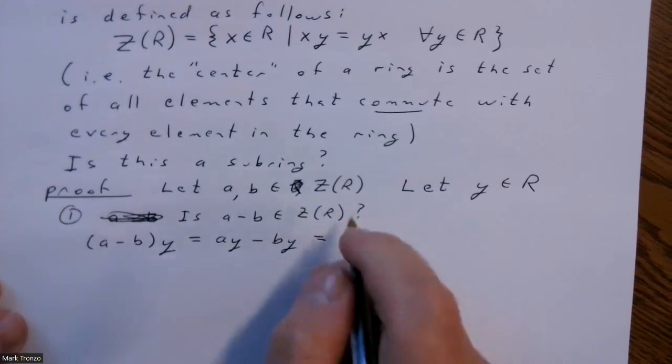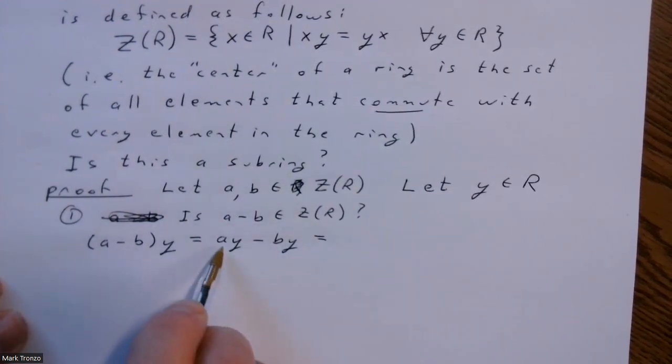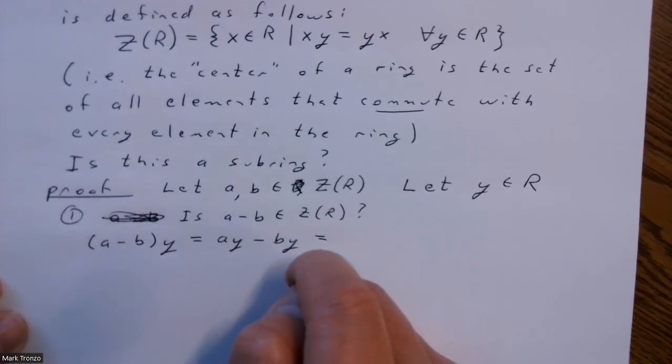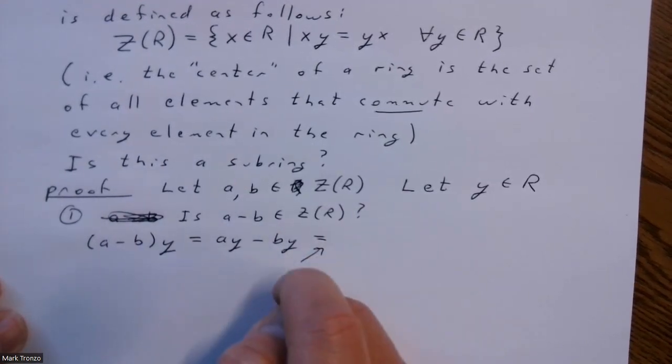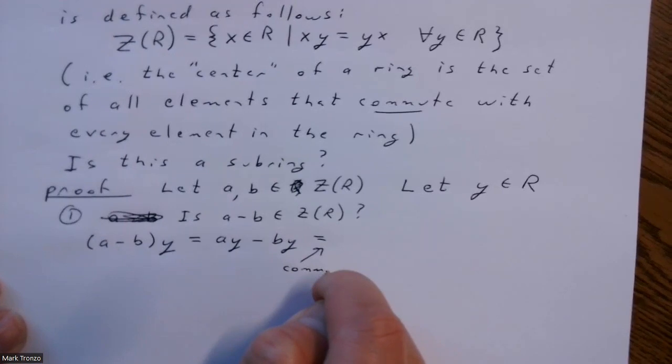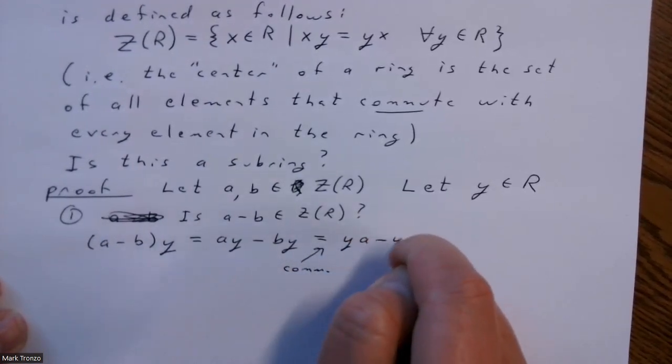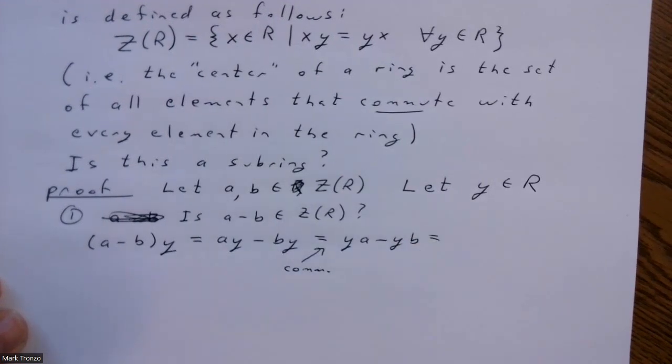And now because A and B commute with every element in the ring, we can use that property to do this next step: YA minus YB.